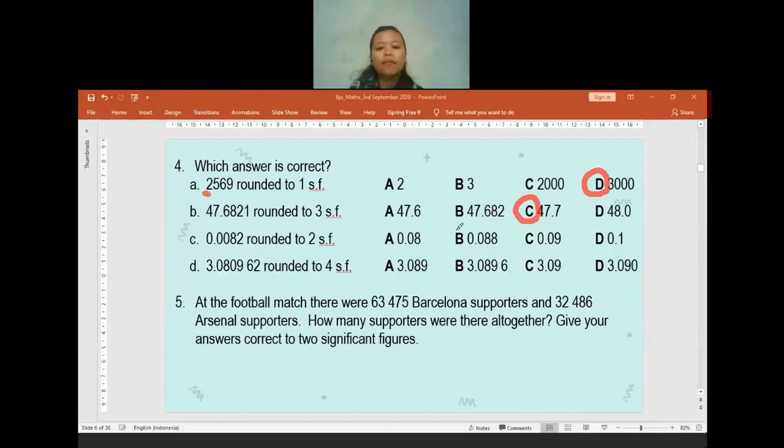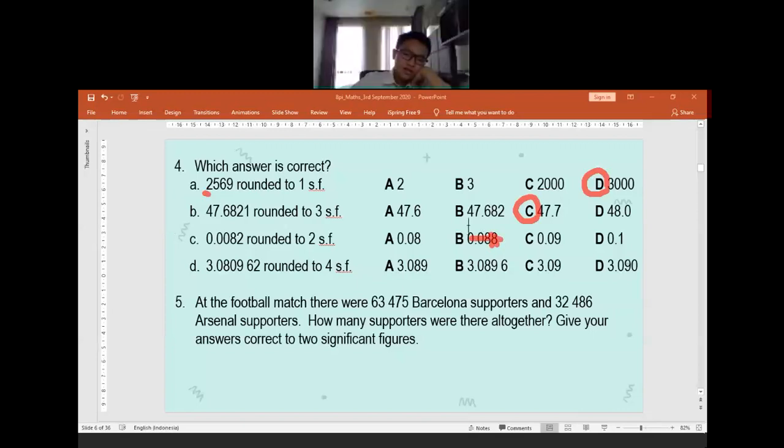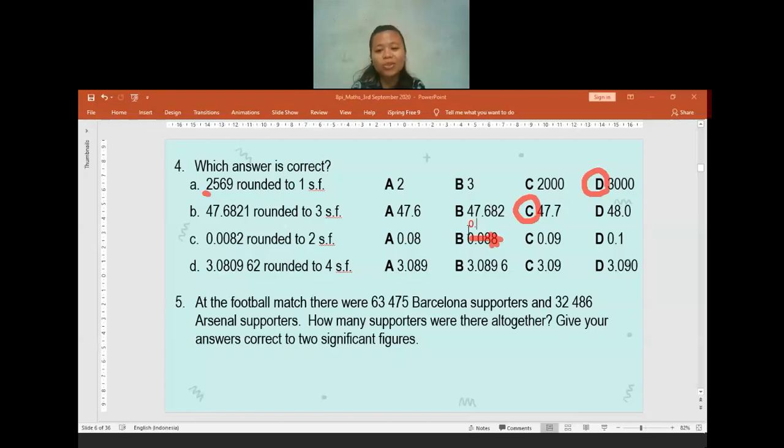We have this number 0.0082 round off to two significant figures. Is there any answer in here? Maybe I made a typo in here. Sorry. It's supposed to be number 2, but I typed it wrong. Sorry, it's supposed to be 0.082.